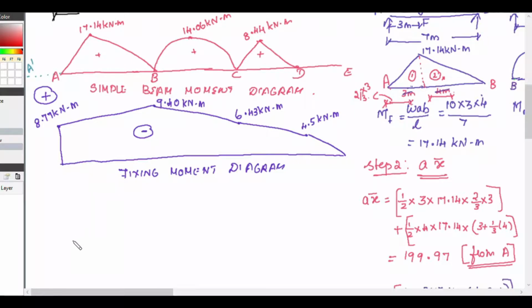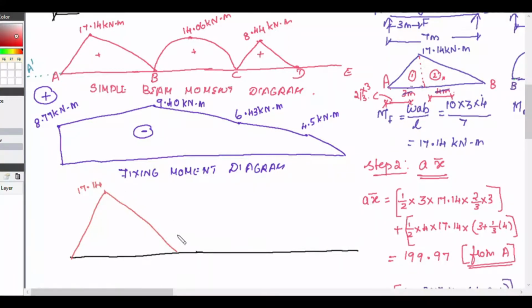Our simple beam moment diagram values are 17.14, 14.06, 8.44.